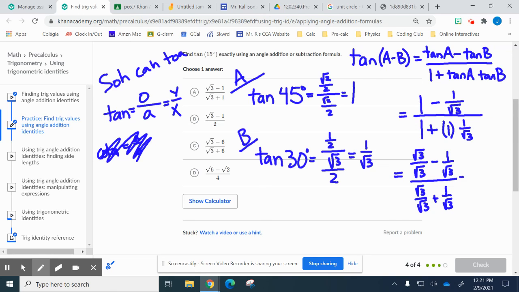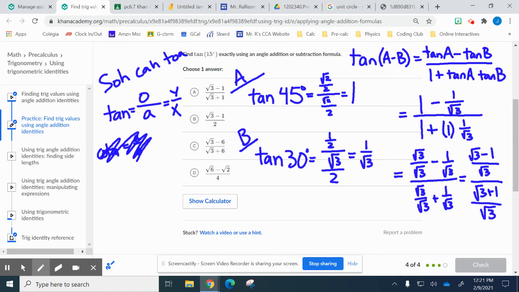All right, so now I can combine those two because they have a common denominator. So I'm going to have square root of 3 minus 1 over the square root of 3. And on the bottom, I'm going to have square root of 3 plus 1 over the square root of 3.